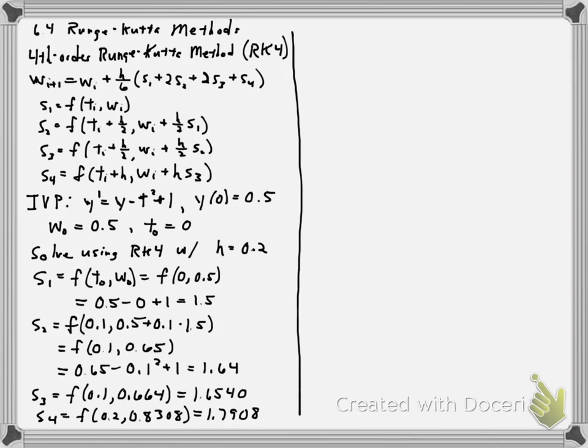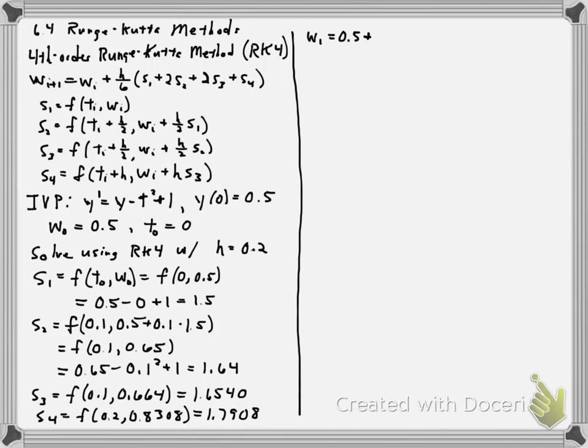You see them here. Let me scroll up. And now we have to compute W sub I plus 1 given by this formula here. So W sub I plus 1, or this should be W sub 1. So W sub 1 equals W sub 0, which is 0.5, plus an H over 6.